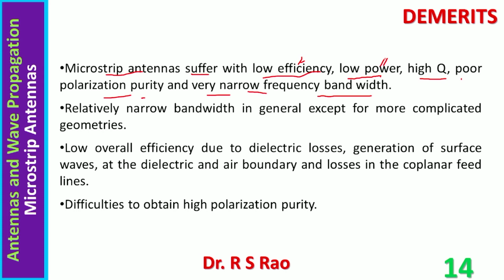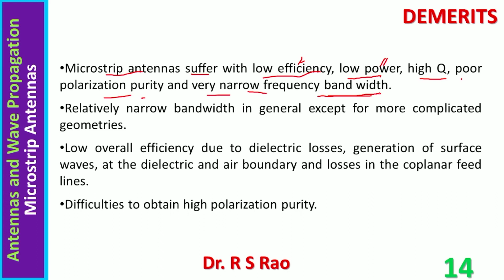Low power implies the range, the distance of the receiving antenna, cannot be large; it is a small range. Poor polarization purity and narrow bandwidth are serious drawbacks. Narrow bandwidth and small gain are serious drawbacks pertaining to these antennas.